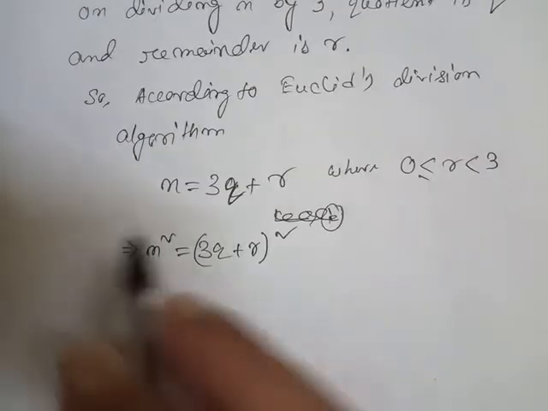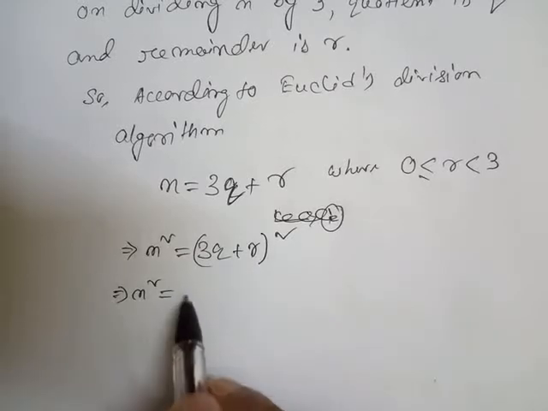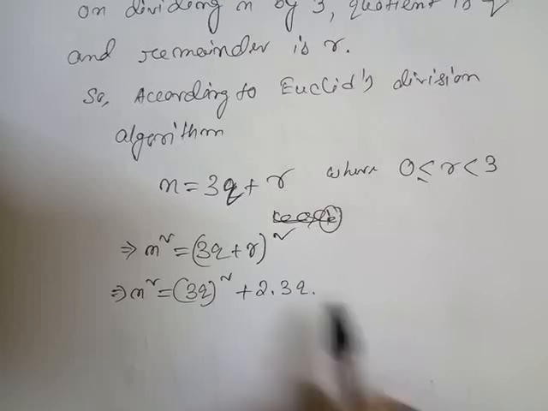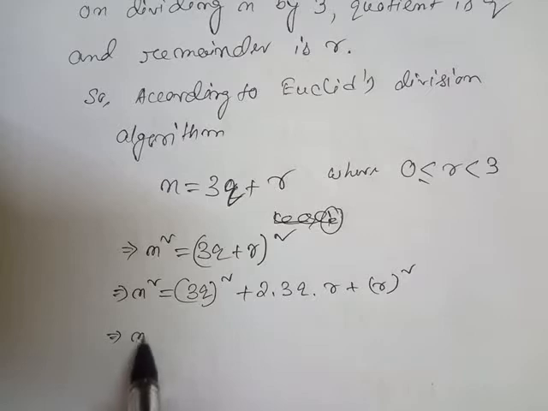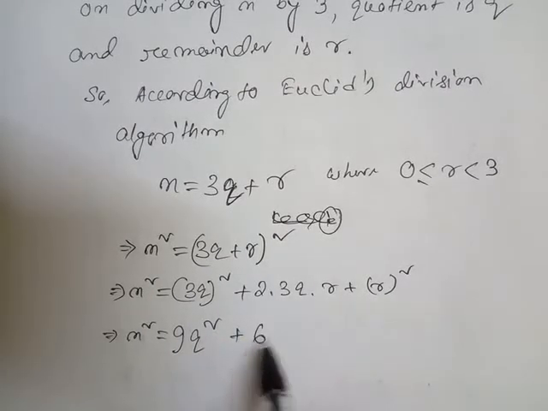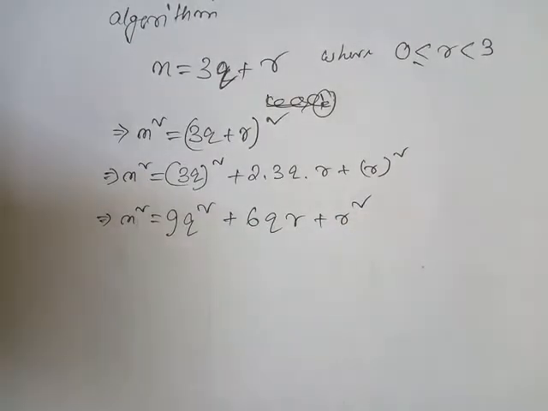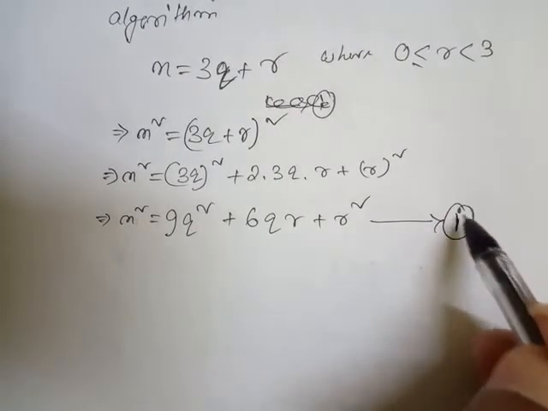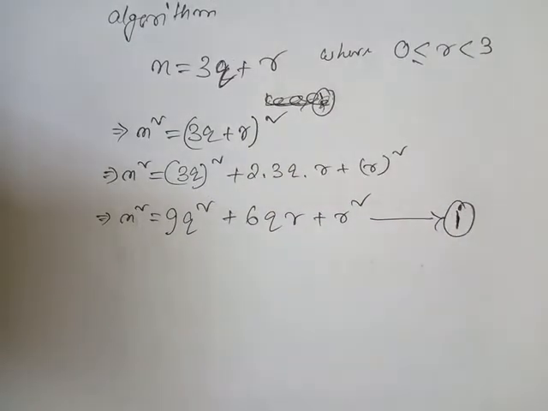Now using the a plus b whole square formula, a square plus 2ab plus b square, n square equals 9q square plus 6qr plus r square. This is equation number 1.